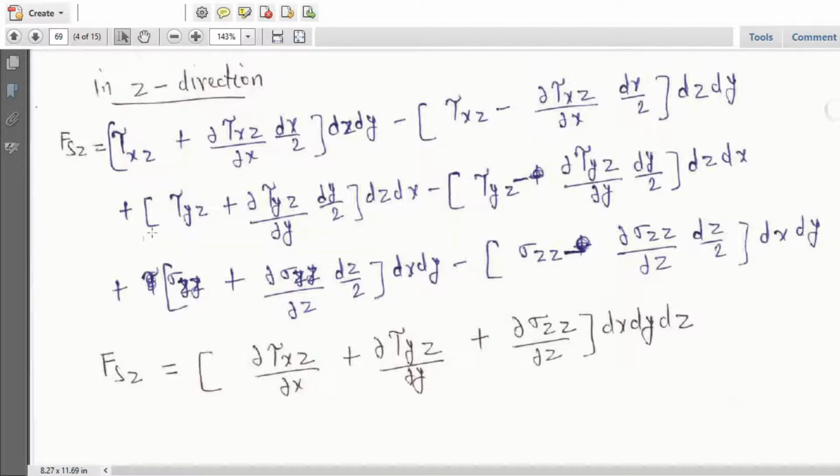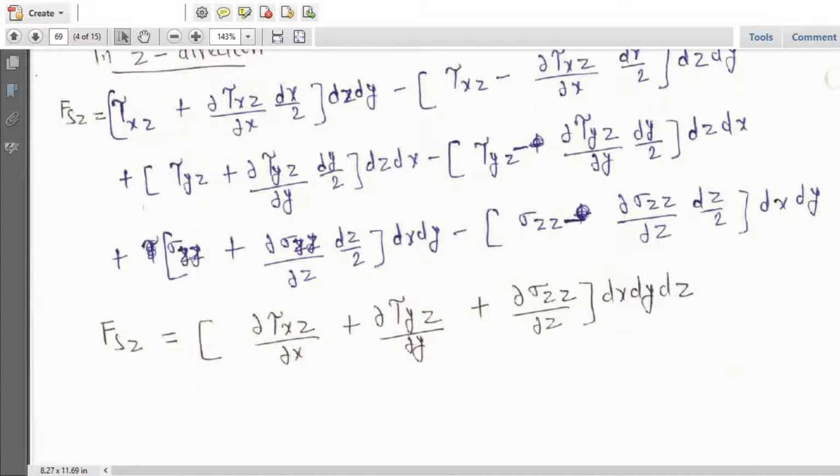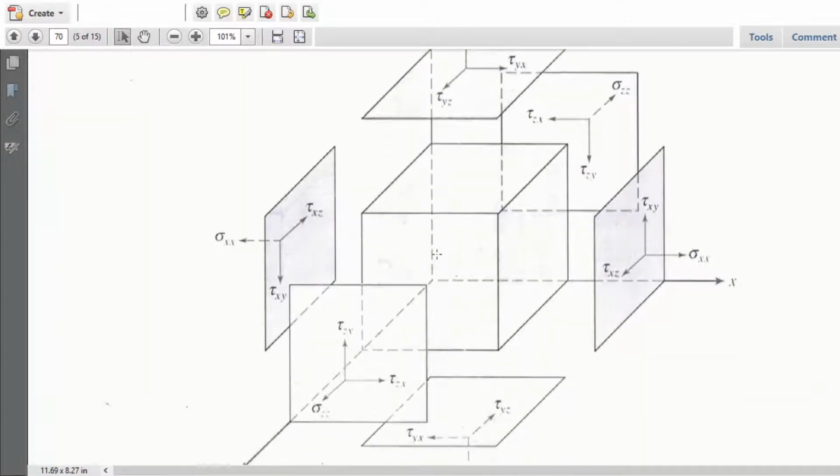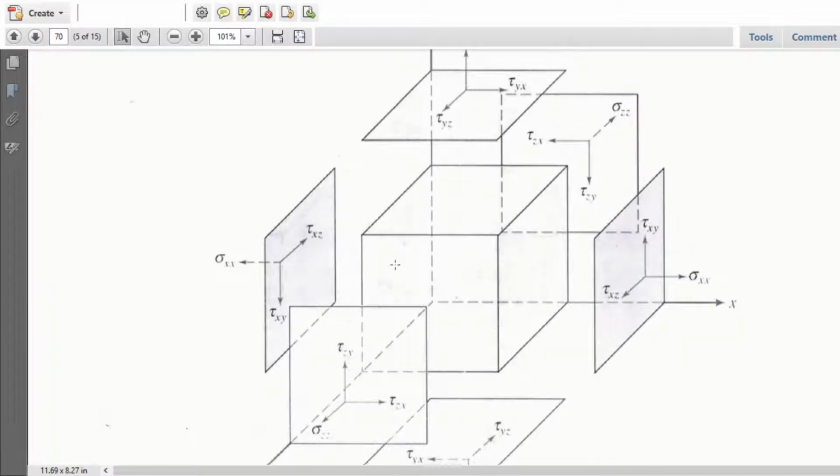So all three, finally this would be ∂τxz/∂x plus ∂τyz/∂y plus ∂σzz/∂z, times dx dy dz. Now this figure may clarify all the stresses.